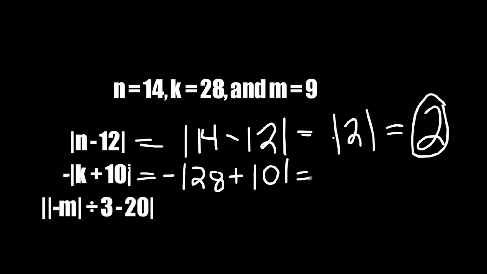And 28 plus 10 equals 38. So it's going to be negative absolute value of 38. Now we know that the absolute value of any number is going to be positive, but in this situation the negative is outside of the absolute value.